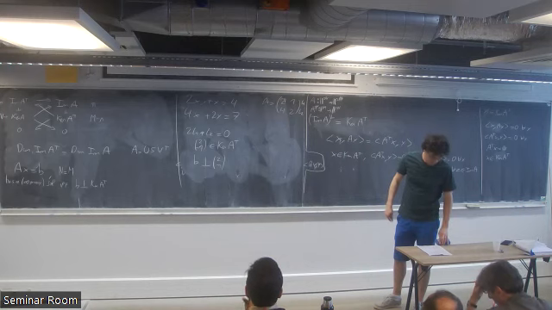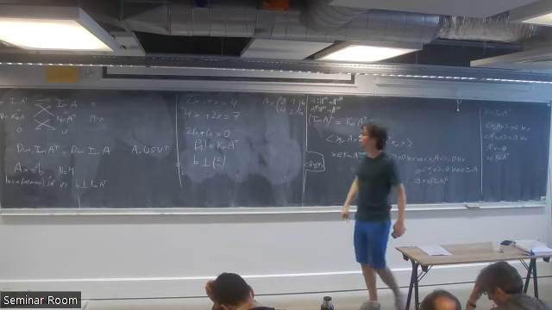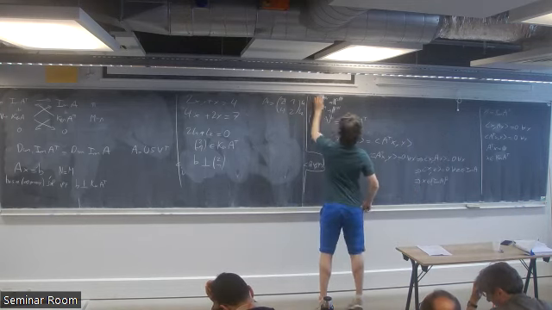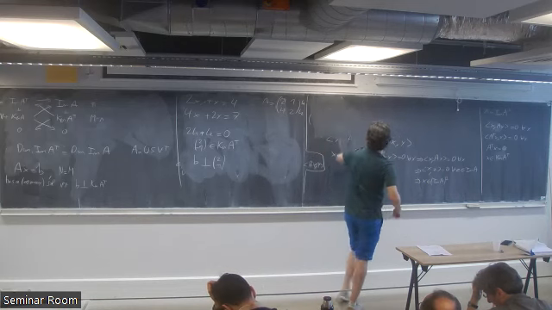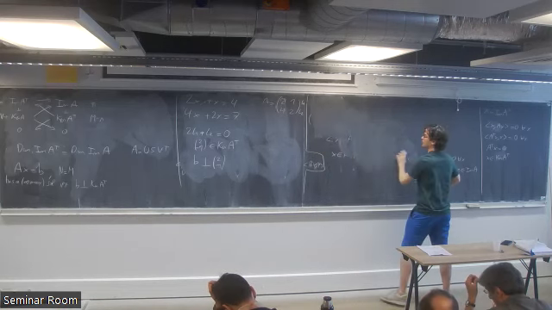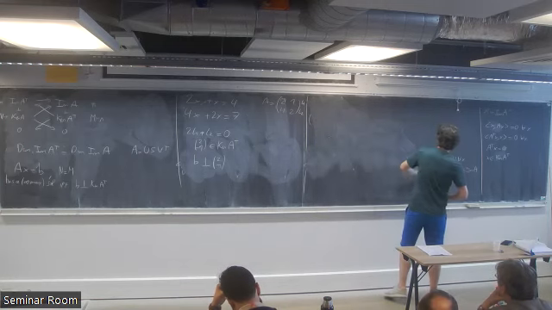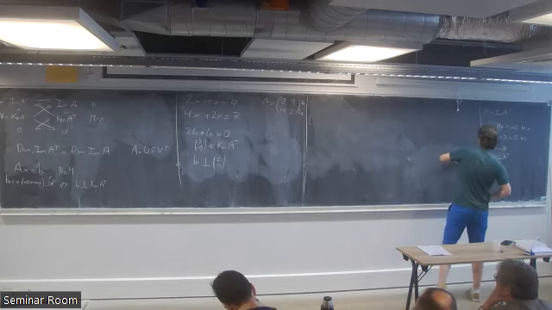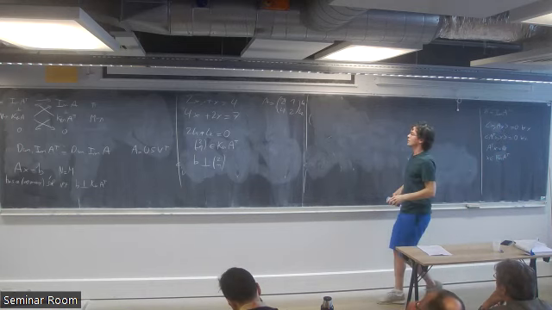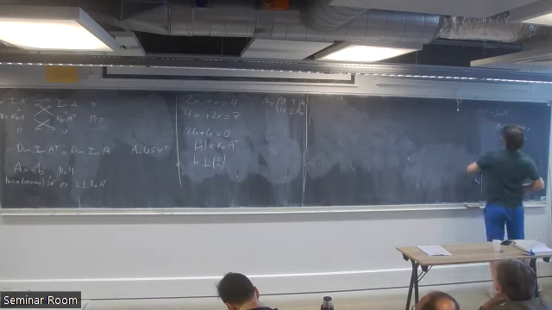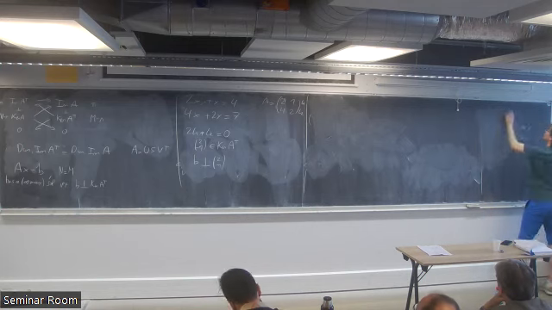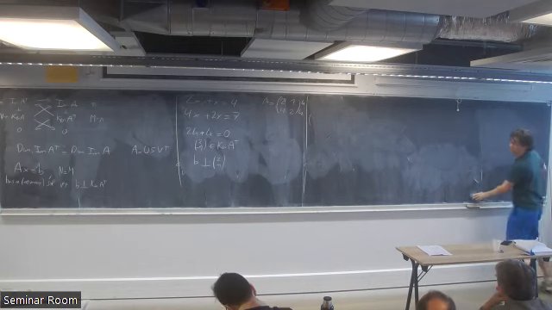Okay. So let's continue with this kind of general statement in linear algebra before moving on to more applied stuff, I would say. The spectral theorem. You all know the spectral theorem.